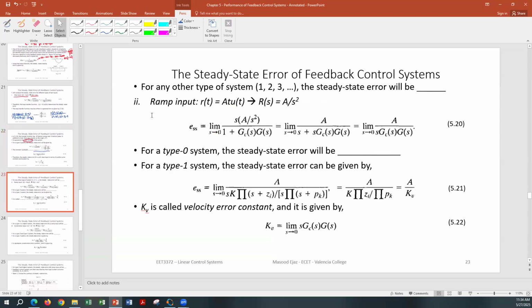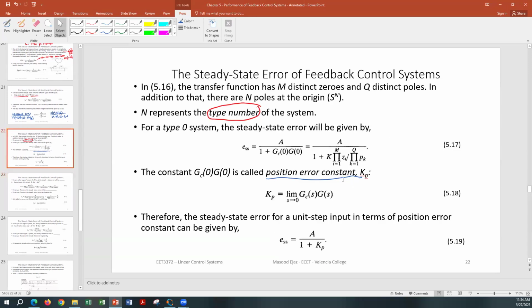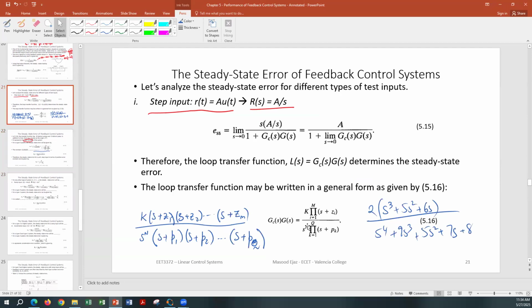For any other type system, 1, 2, 3, what will the steady state error be? Let's say we have a type 1 system, so s to the power 1. If we replace this by K times multiple of all zeros divided by s times multiple of all the poles, and we apply the limit s tends to 0, what will be our result?